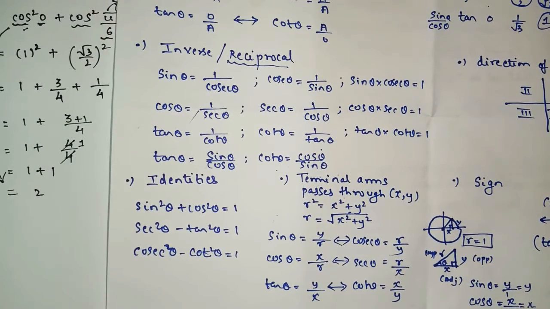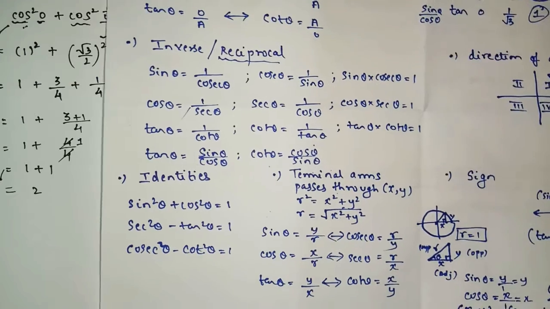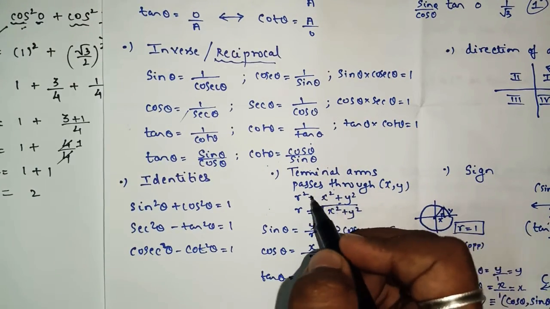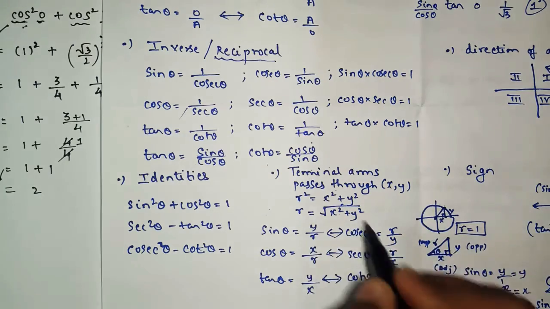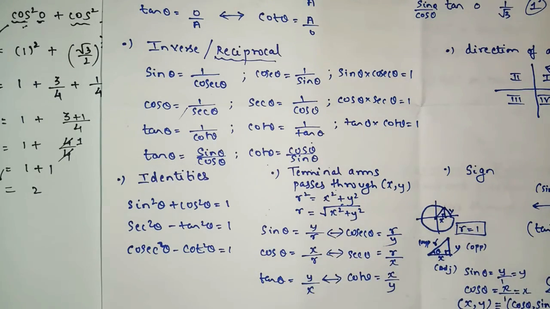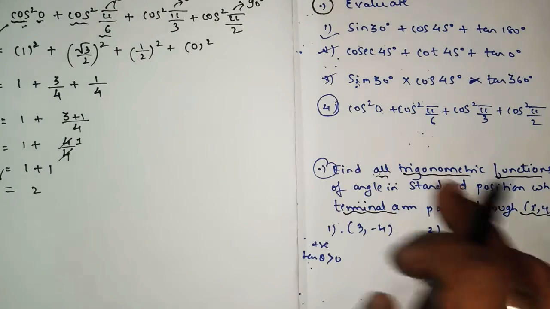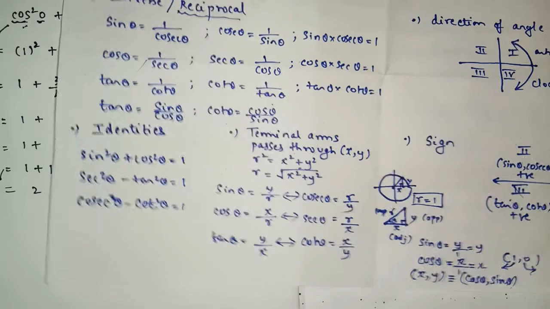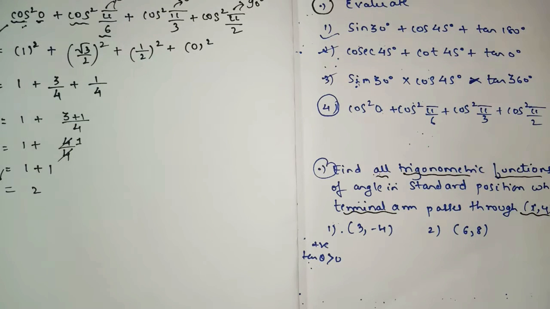While explaining the concept in the last video lecture, I told you that whenever the question says a terminal arm passes through x comma y, you have to apply this concept to find the answer. For this question we have to find all the trigonometric functions, that means sine, cos, tan, cot, sec, cosec, each and everything. So let's begin with the steps now.